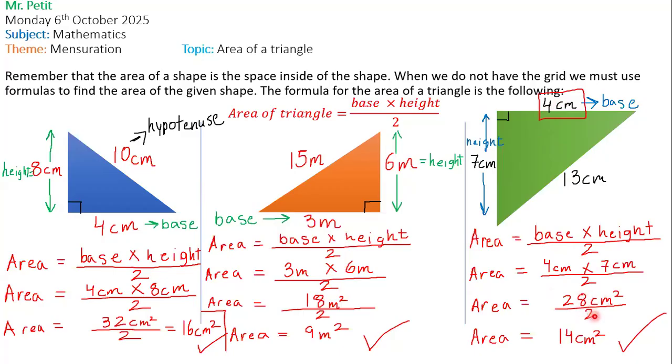Then we divide it by 2. What is 28 divided by 2? 14 centimeters squared. And that's the answer. Does that make sense? Yes, sir. That's good.